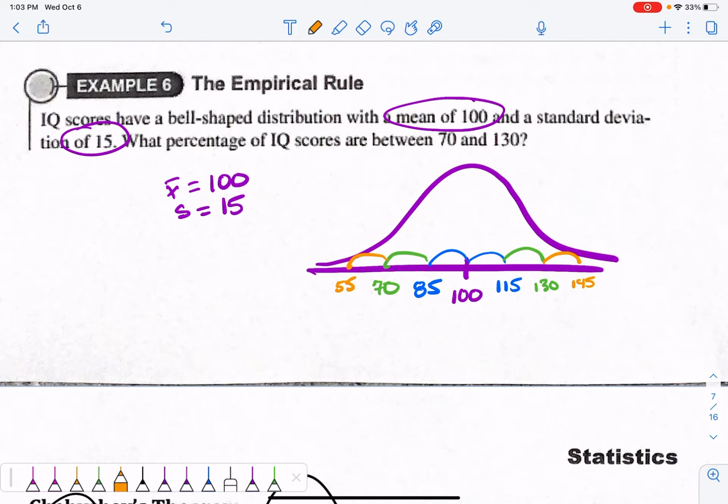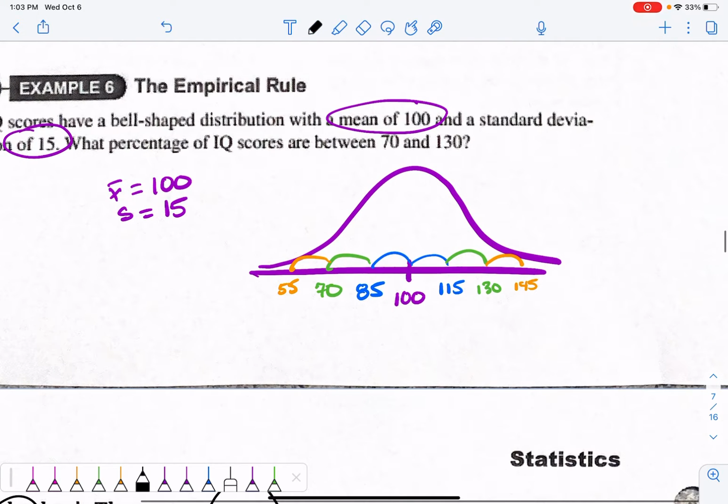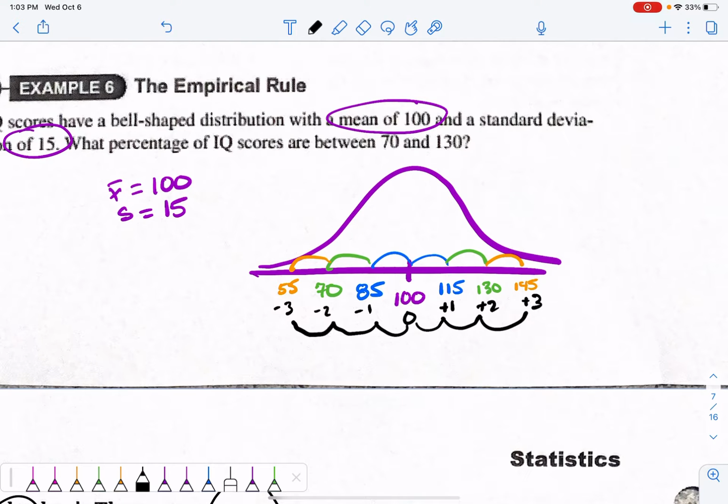I like to look at the middle as being 0, and then the 115 would be +1, +2, +3. This would be -1, -2, -3. And I label them like that as adding 1 standard deviation, adding 2 standard deviations, adding 3 standard deviations, subtracting 1, subtracting 2, subtracting 3.